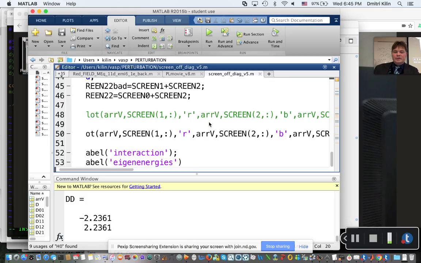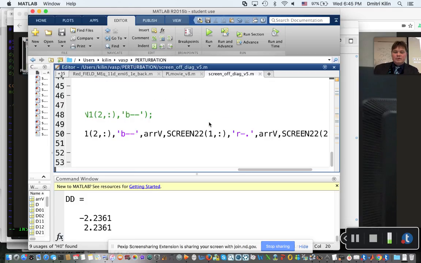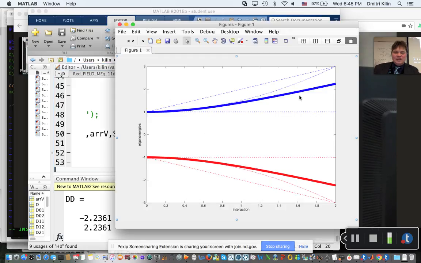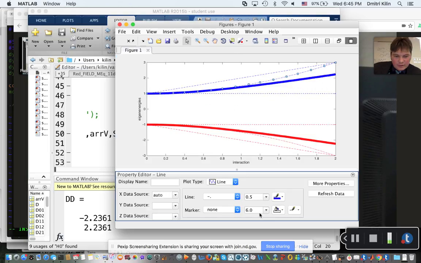The second order perturbation is plotted as screen 22, and it is plotted with dot dashed lines. Let me highlight it so that we see it better.